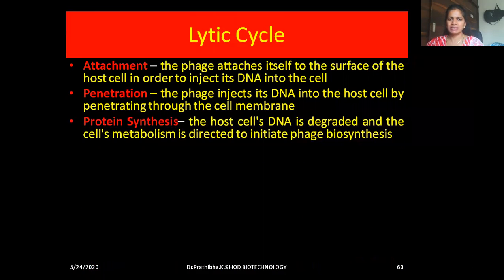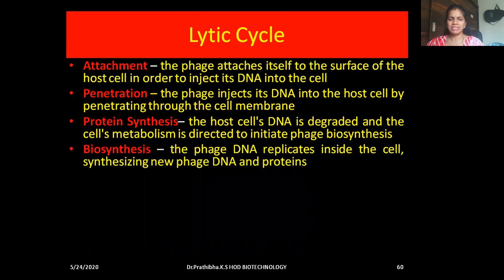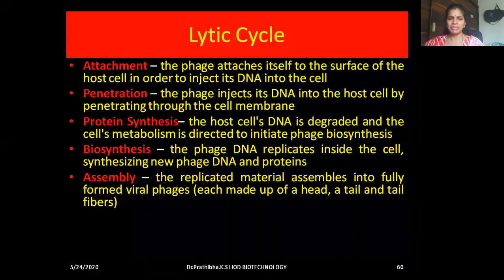Next, protein synthesis. Here, the host cell's DNA is degraded and the cell's metabolism is directed to initiate phage biosynthesis. The next step, biosynthesis. The phage DNA replicates inside the cell, synthesizing new phage DNA and proteins. Assembly.